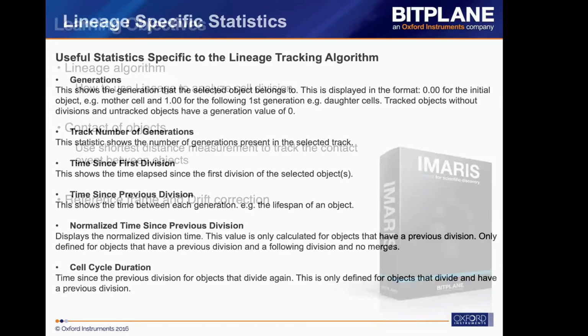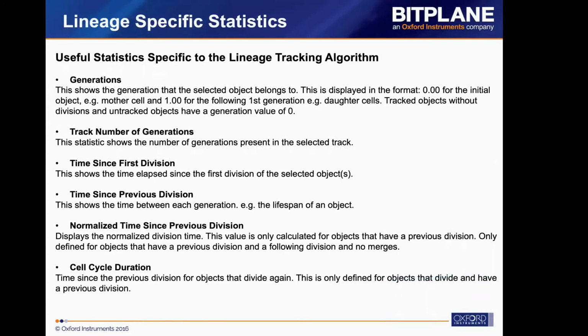Right, so in the Lineage algorithm, there are some specific statistics you can measure, including the generations of the cells and the time-related measurements, like time since first division, time since previous division, etc., and the cell cycle duration.